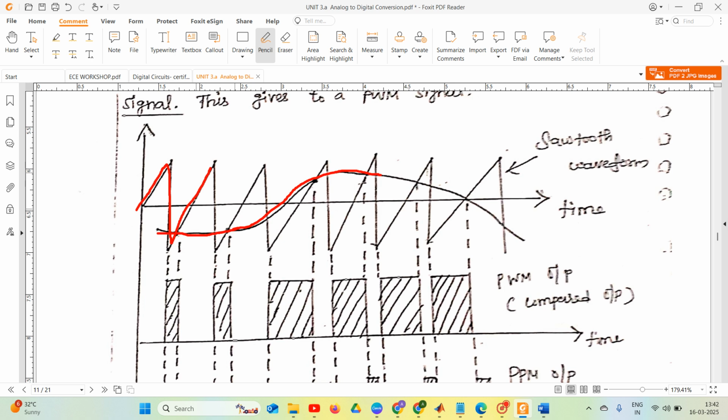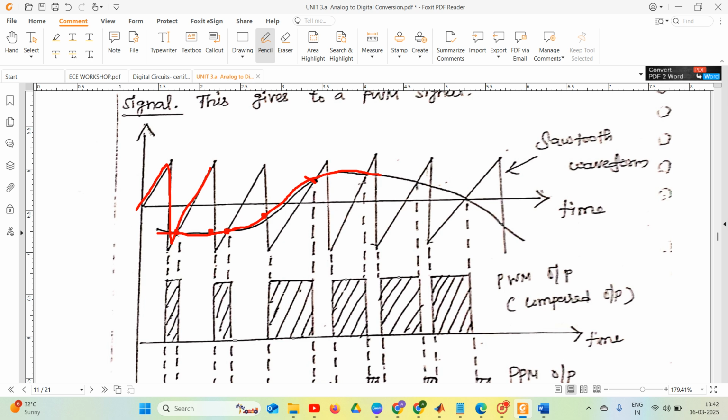So the first condition is my sawtooth signal amplitude should be less than my modulating signal. See here, this is my sawtooth signal, this is my modulating signal.